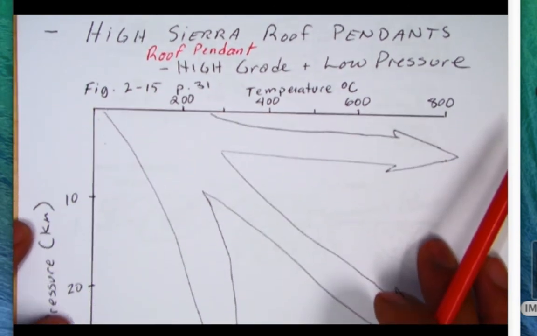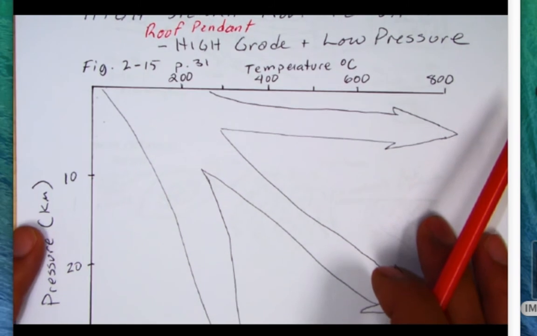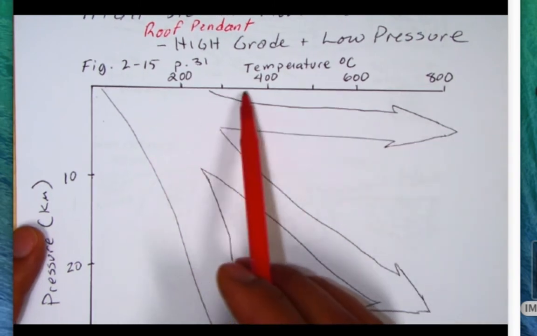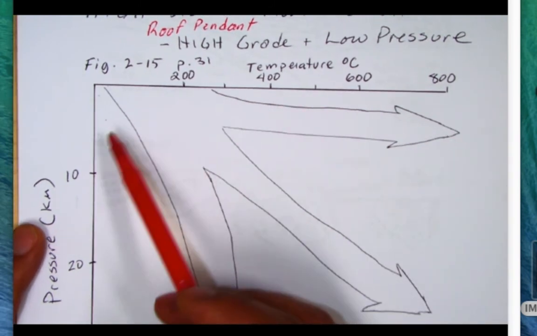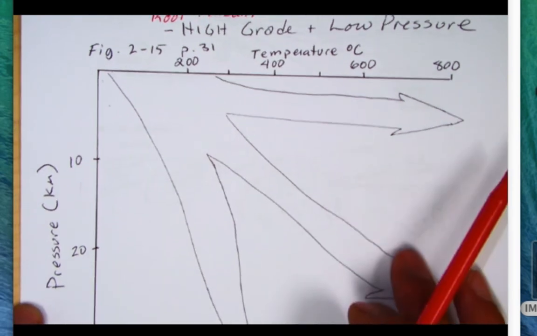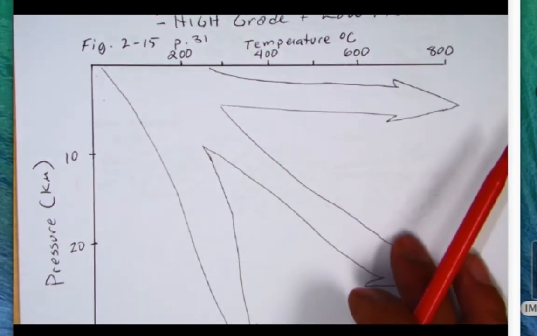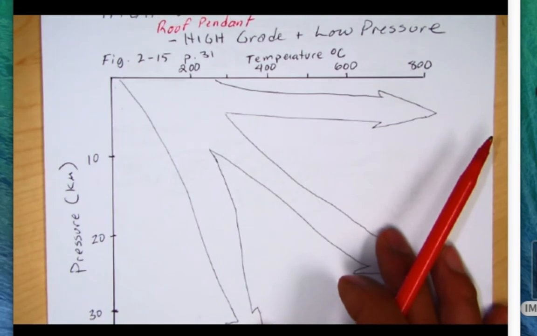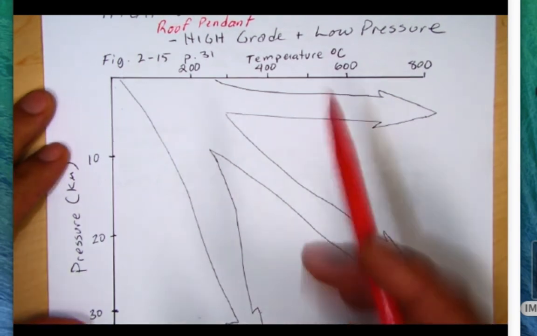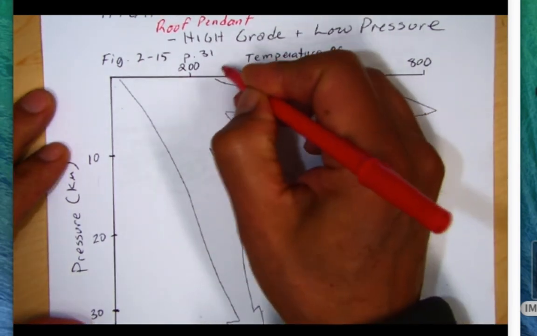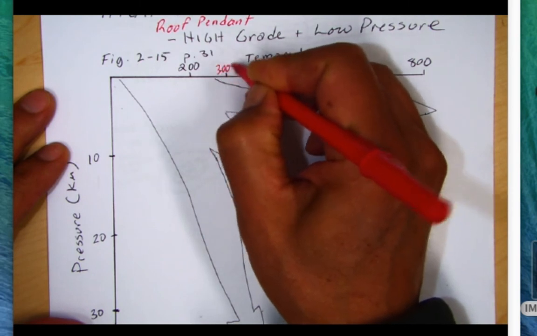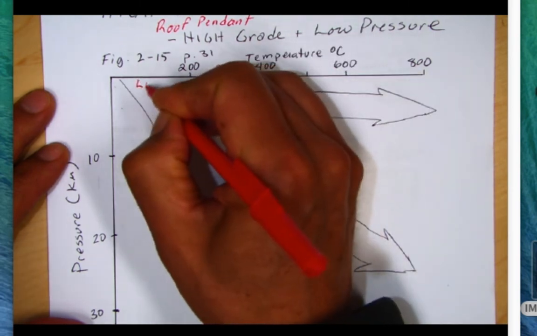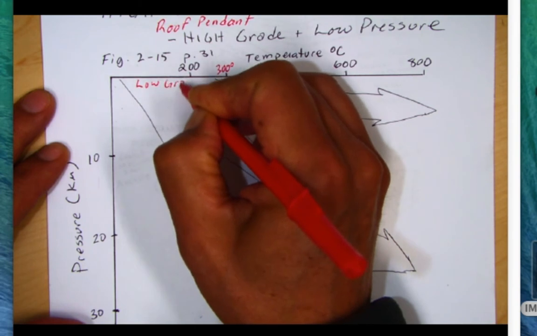And what we have on the x-axis, we have temperature, and on the y-axis we're going to go down in pressure here. And so what we want to show here is some of these zones of metamorphism. Anything really less than 300 degrees centigrade here is considered low grade metamorphism.